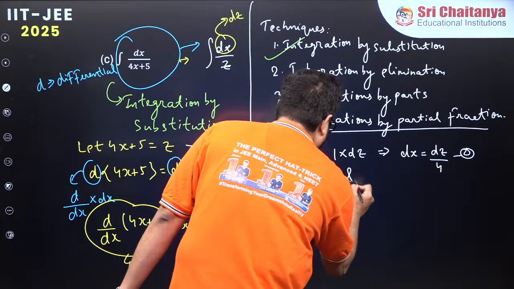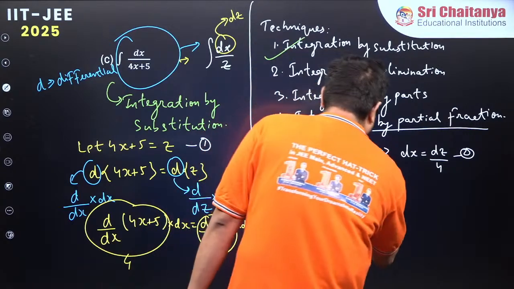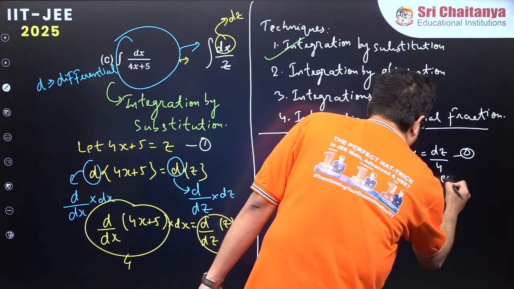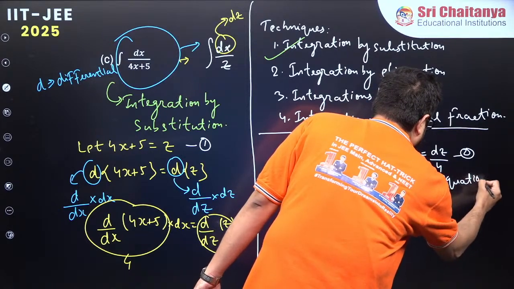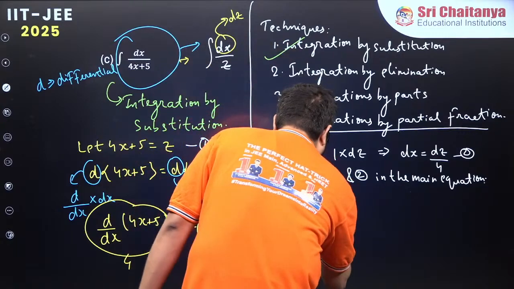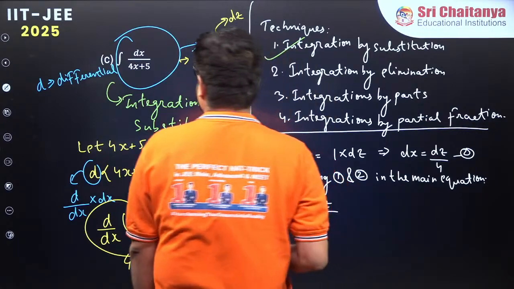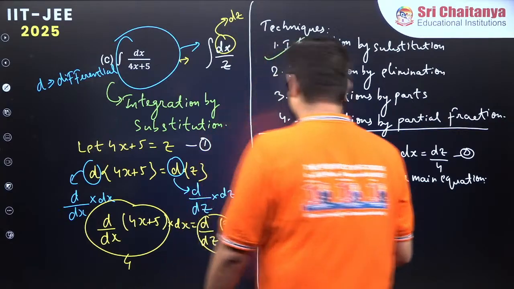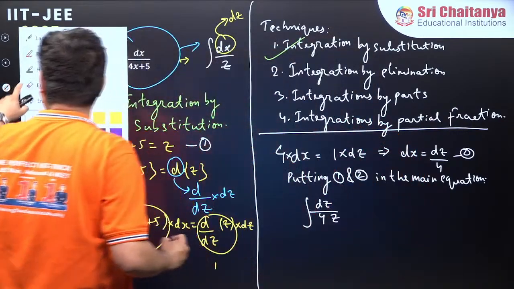in the main equation, what will I be getting? We are going to get the integral of dz by 4 into z. Okay, everyone?